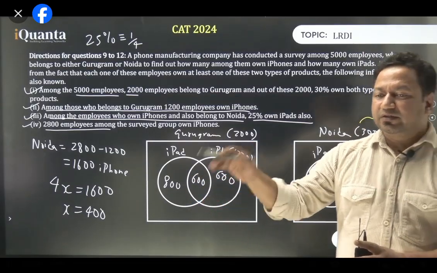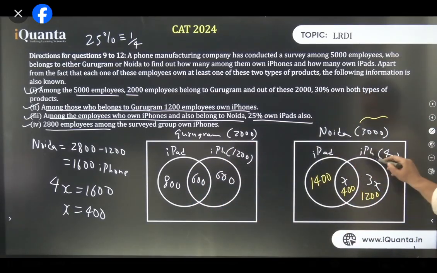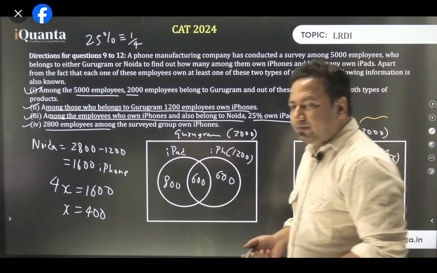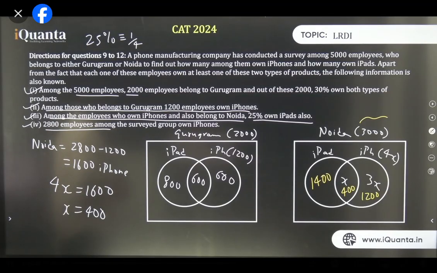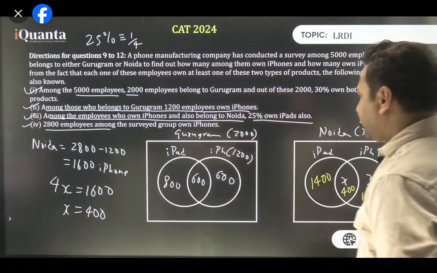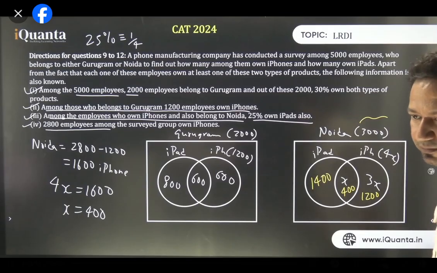So that 1/4 goes in the common area of iPad and iPhone. I assume this to be x, and this becomes 4x automatically, 1:4. Now I think it is clear. Clear to all of you?